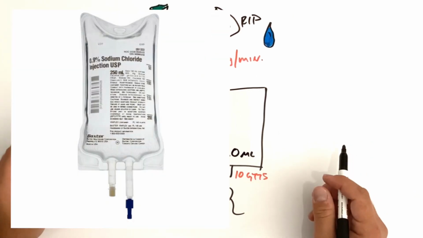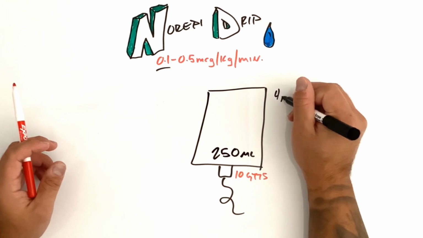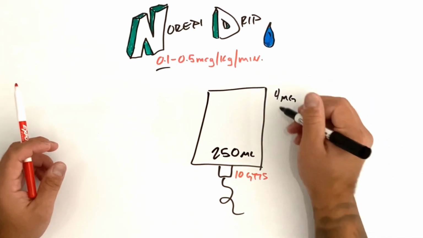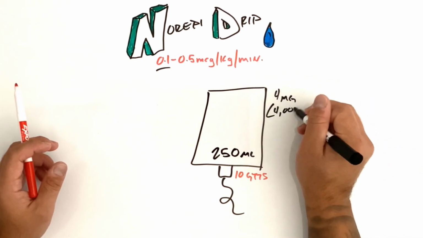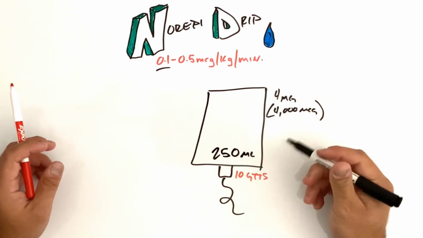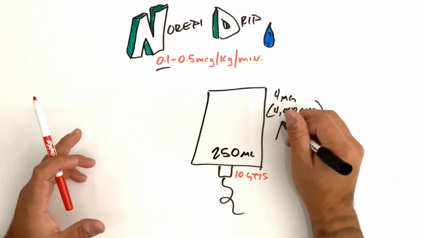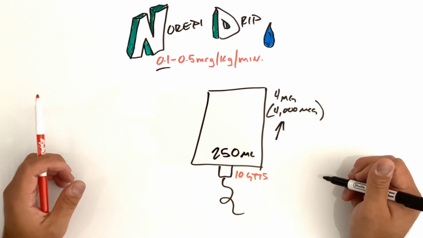So let's try it with a 250 bag. Let's say we're going to continue to use the same 4 milligrams that we had before, which we know is 4,000 micrograms. Now we just have a smaller bag. Anytime you have the same amount of medication in a smaller volume, our concentration is going to go up.